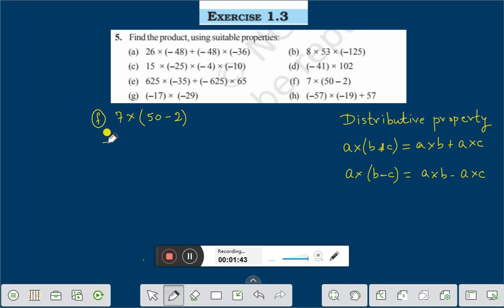That means here we take 7 as A, 50 as B, and 2 as C.